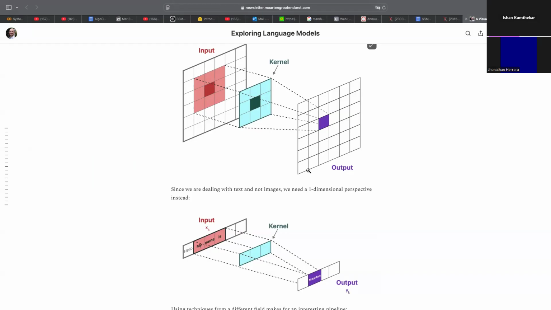So in that scenario, it aggregates information together. But in the filter that you've used, it doesn't aggregate, it predicts things. Instead of aggregating "my name is" into something, it predicts what's next in the sequence. So I was curious how those two things are equivalent, if that makes sense.